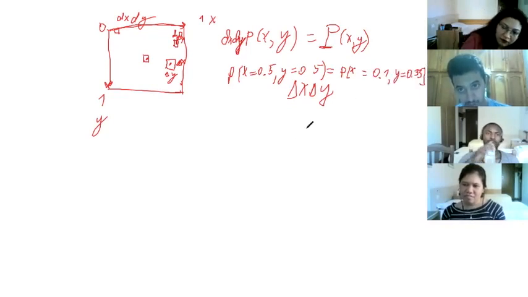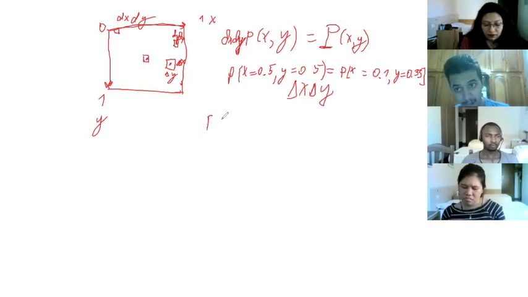So any point has equal probability density. How can you now find the general expression for this probability density?